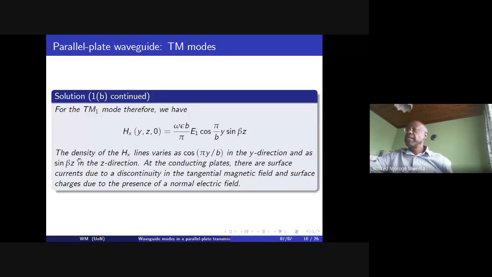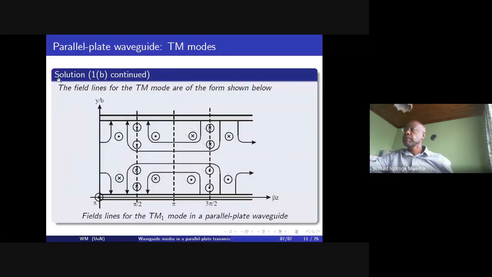Remember, by density we are just trying to represent the magnitude of Hx at the given position on the line. So the density will be increasing to show a higher value of H and decreasing to show a lower value of H.